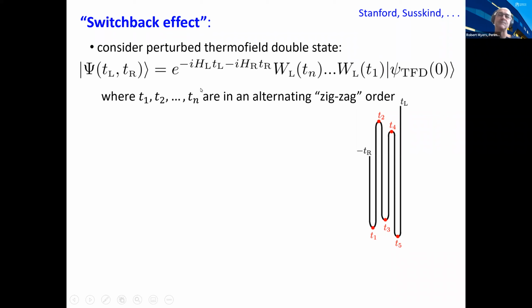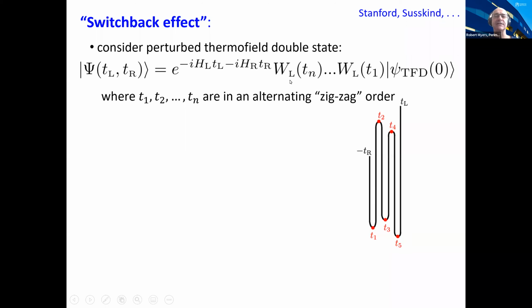Instead, these folks instructed us to think about applying these in a zigzag order. So t1 is at a certain point, t2 maybe to the future of that, but then t3 is to the past, t4 to the future again, t5 to the past. And so the time evolution actually goes forward and backward in time as I scan through the operators here.